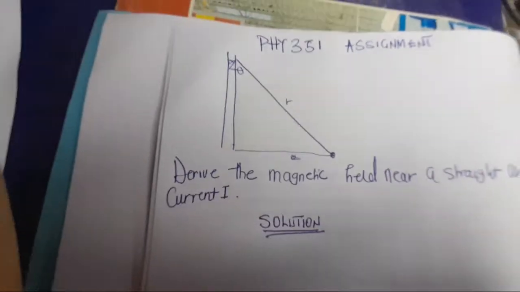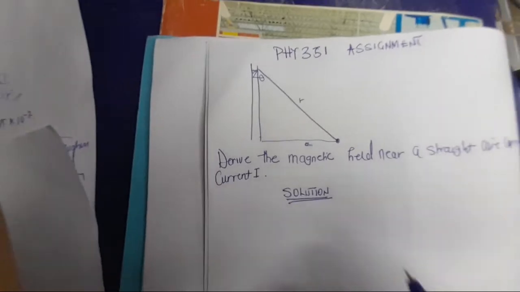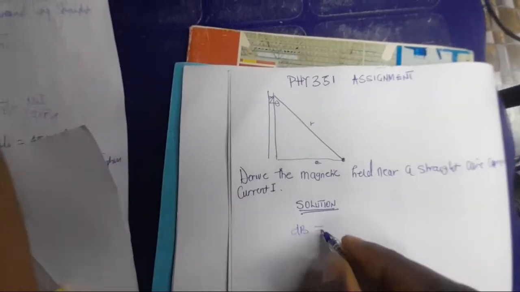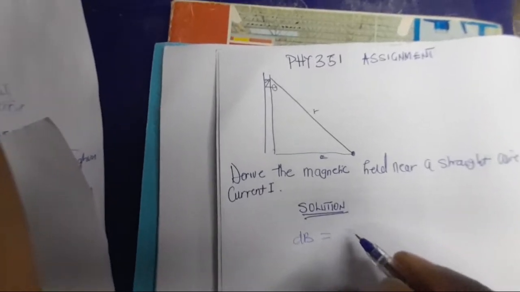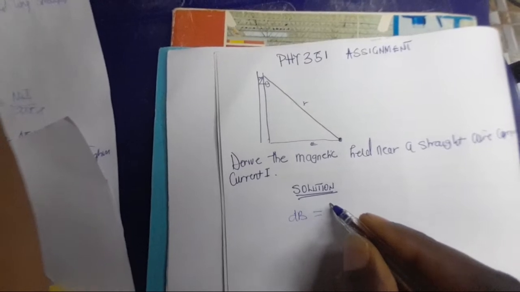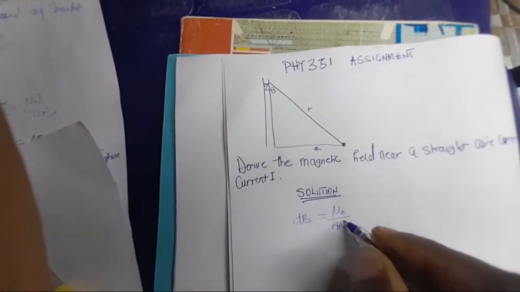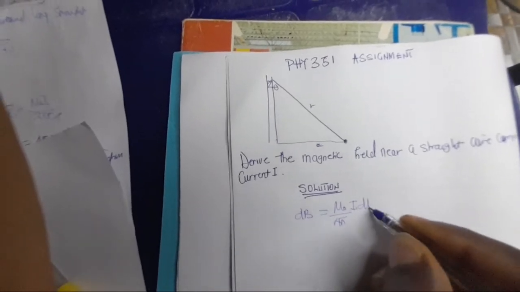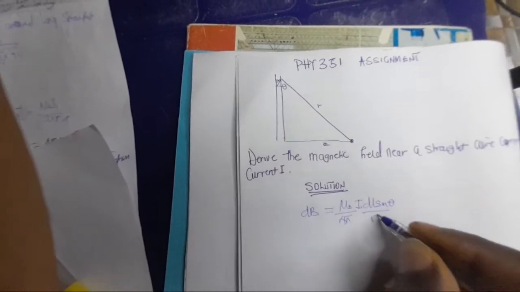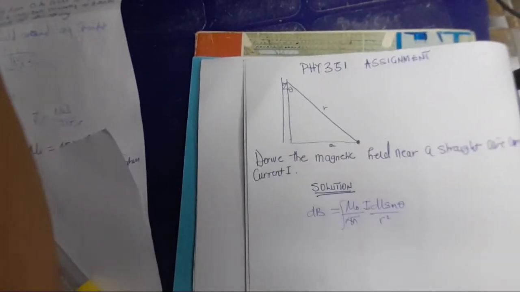I know it sounds a little bit complicated, but mathematically, the Biot-Savart law, dB, that's the magnetic field, is given by mu naught over 4 pi, I dl sine theta all over r squared.